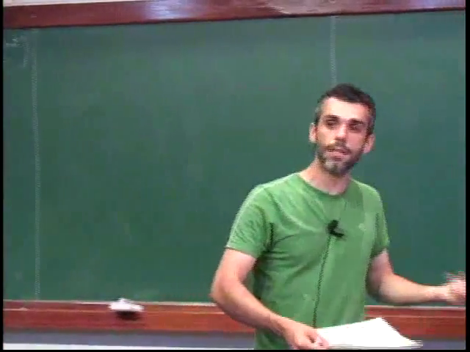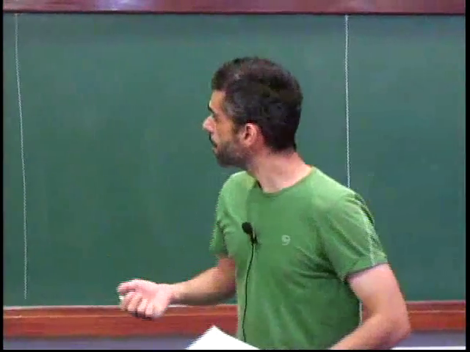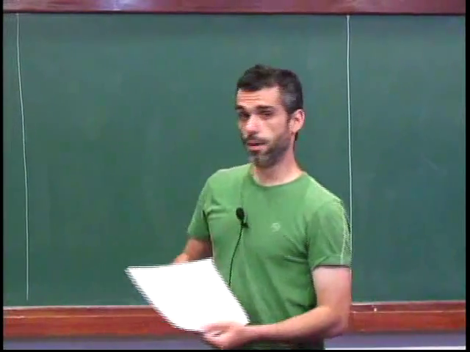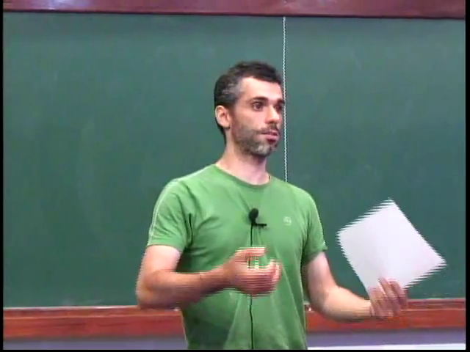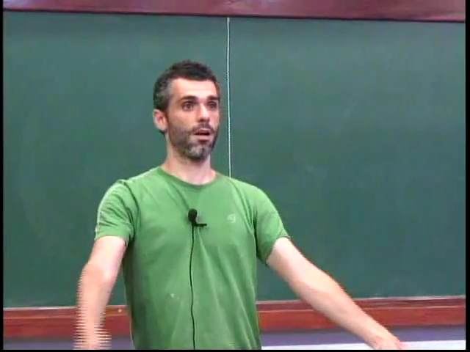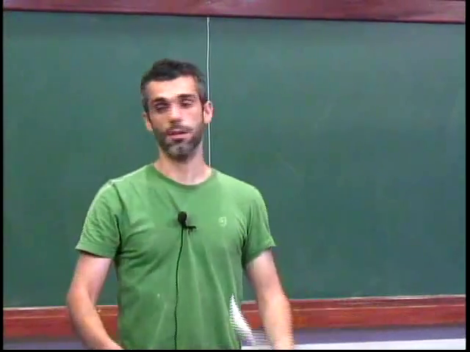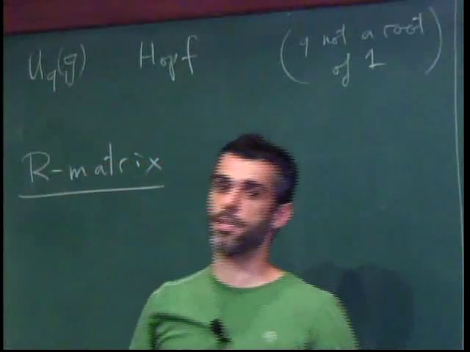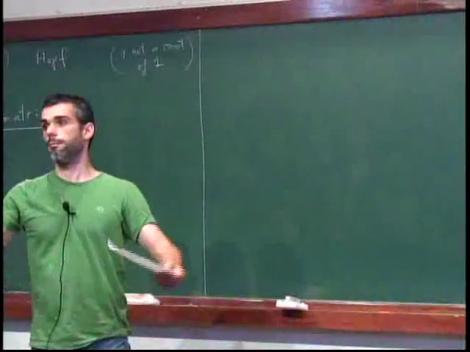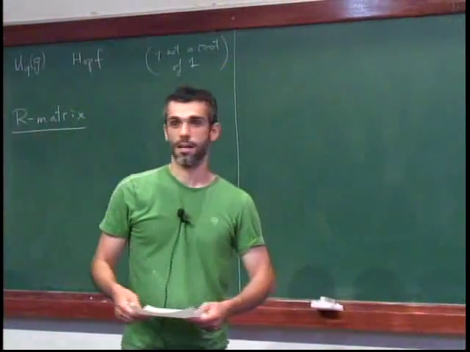A priori, it's difficult. The equation that you need to solve is something that is not possible to just go and write down and then try to find a solution. It turns out that for the case of this particular Hopf algebra, there's a trick that will build an R matrix.